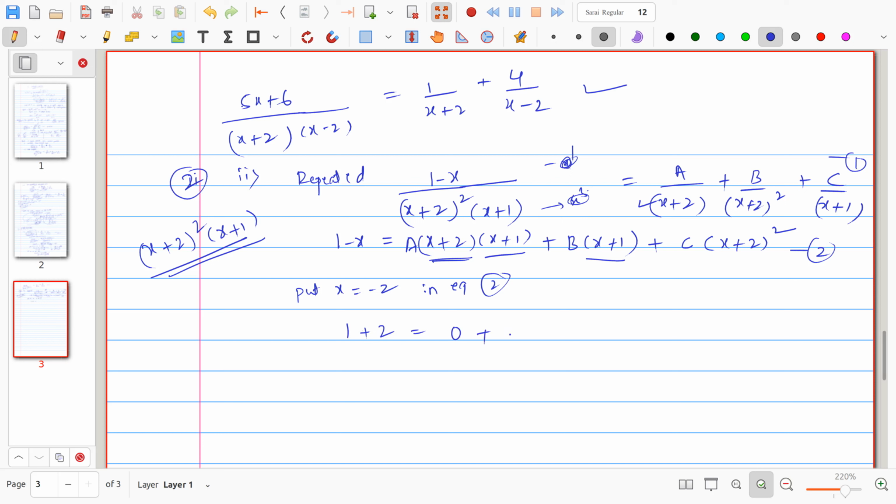Okay, the B term is B into (-1), and the C term is 0. Then we have -B = 3, therefore B = -3. And put x = -1 in equation 2.